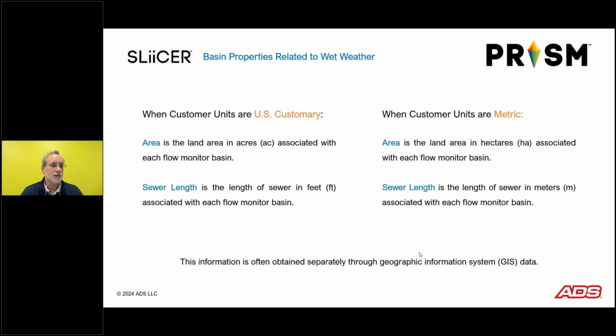So, for example, if I'm working on an I&I study for a customer, I'm typically requesting this data either from the municipality that owns the sewer system or from a consulting engineer that might be working with them. So this is information that has to be acquired from the GIS and actually imported or put into SLiiCER.